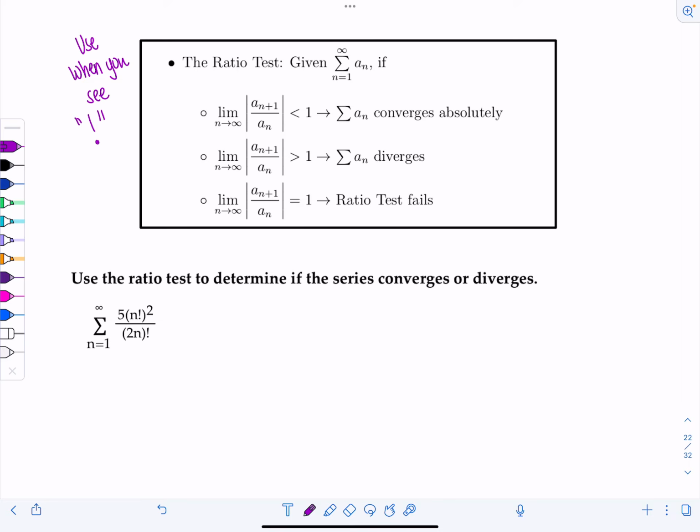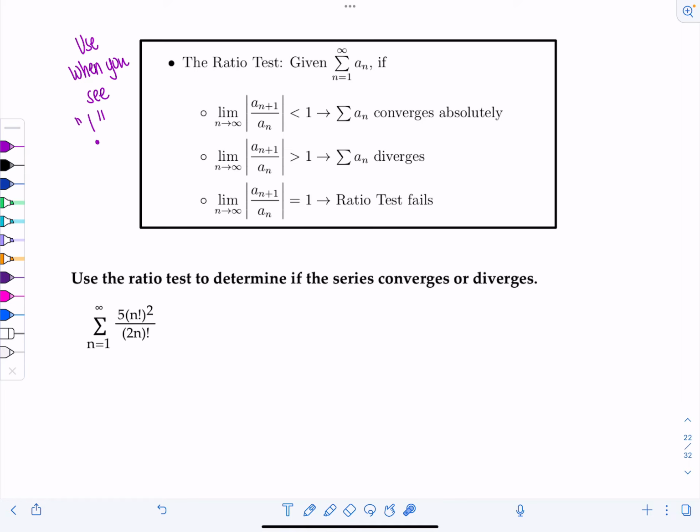And if the limit is 1, that means the ratio test fails and you get no information and you have to use a different test. Usually that happens if you use the ratio test when you shouldn't. Pick a different test. Probably you should have done a limit comparison test or integral test or something like that. Like you're just too gung-ho on the ratio test.